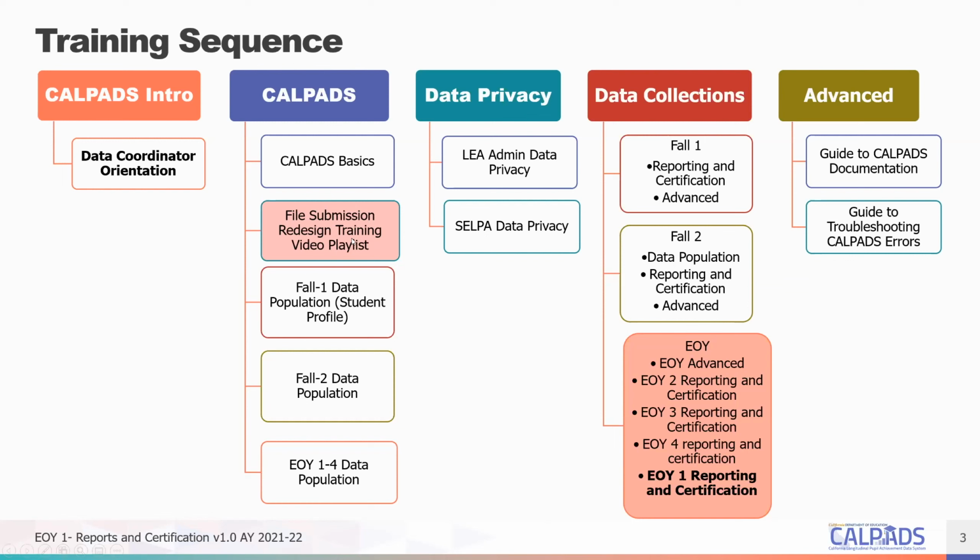So some videos specific to the redesign process are also available. All of the self-paced training are in our YouTube channel. And of course, in a few weeks, all of these live sessions for end of year 2, 3, 4, and 1 will also be posted in our YouTube channel for your reference.